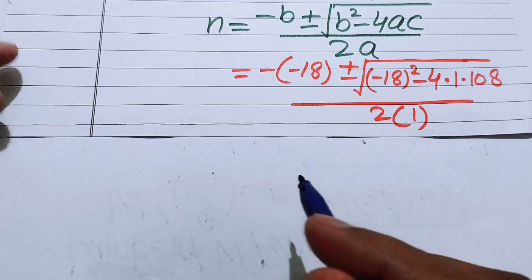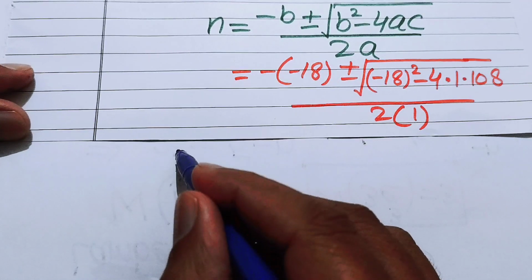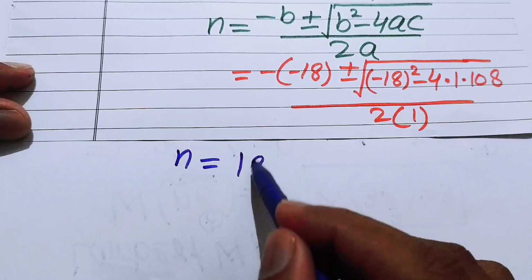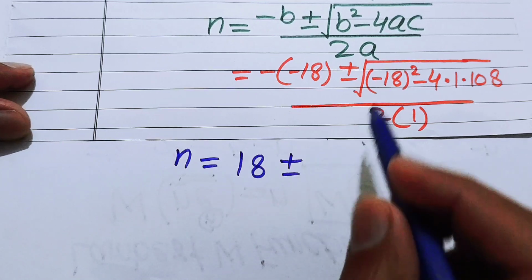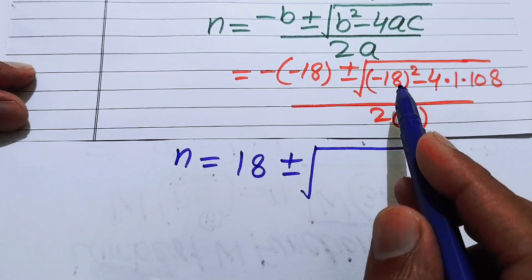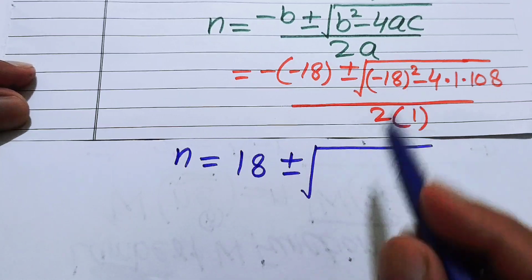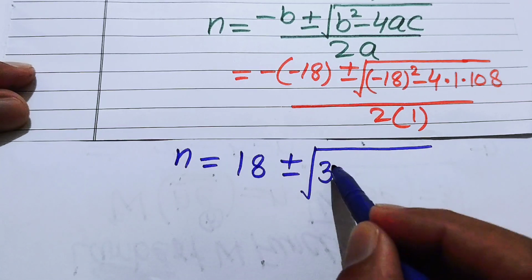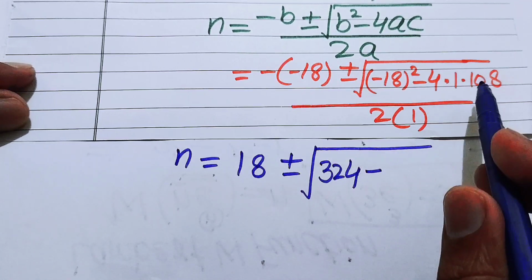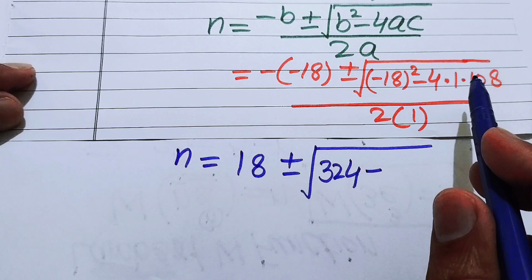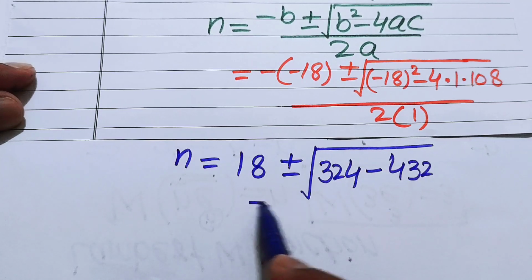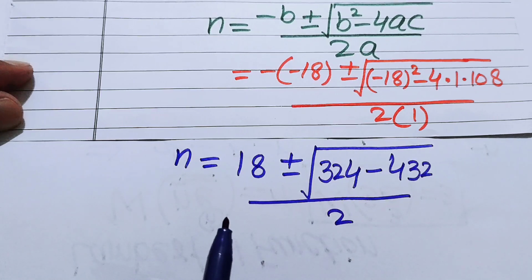So in the next step we will make a little bit of simplification here, and you get n equals, this is minus times minus equals 18, and we have this plus minus and square root of minus 18 squared. So you know that minus 18 squared equals 324, and you have minus 4 times 108 equals 432, and this whole over 2.